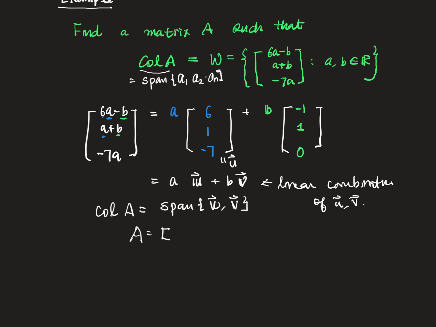So the first column, the u vector, is 6, 1, -7. The second column is -1, 1, and 0. So that's how you find the matrix A. Guys, make sense? Okay, that's what we did. Let's go to the next one.